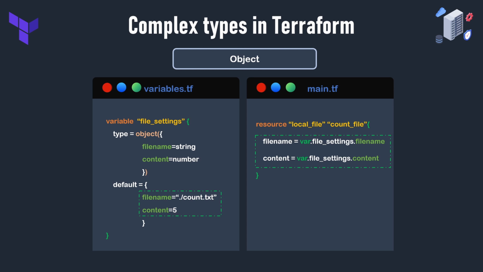In the example that we have here, we have used the file name attribute of the file settings object for setting the file name of the local file resource, and the content attribute for setting the content argument. By running the Terraform apply command now, a file called count.txt will be created with the value 5 inside it.